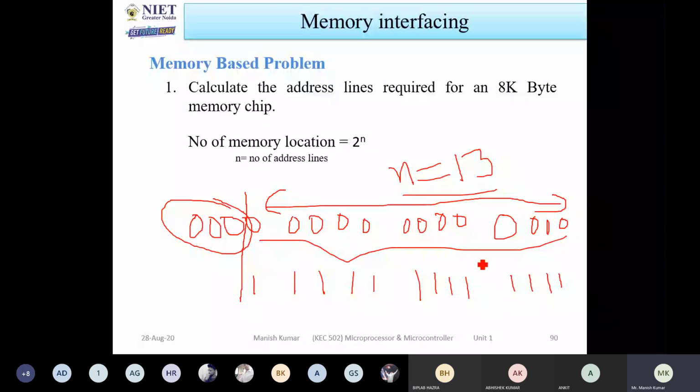Now if you write this in hexadecimal, what will happen? The minimum is 0000H. With 16-bit numbers, you can get the 00. Now, what is the value?